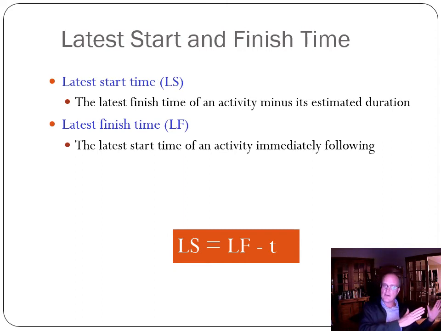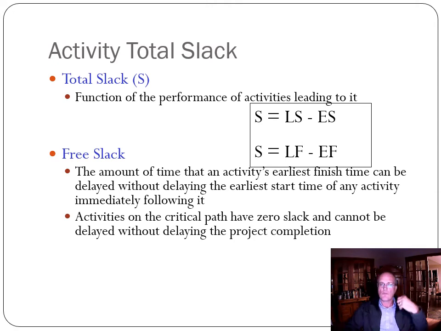So we move through a project from left to right, from start to finish, to do earliest start and earliest finish, and then we move through the project from right to left, from finish to start, to do latest finish and latest start. And then we have slack, where we look at the difference between latest start and earliest start, or latest finish and earliest finish.